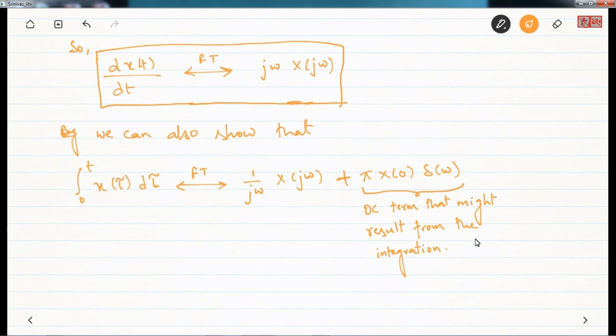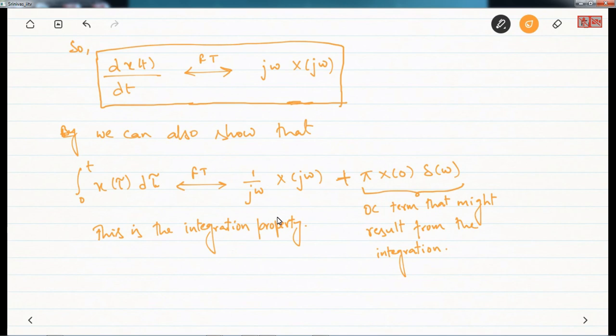So this is called the integration property. Of course, I know that we haven't proved it, but we just stated it based on the property of differentiation.